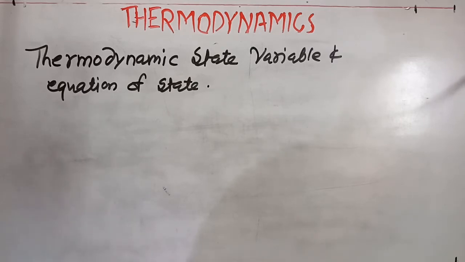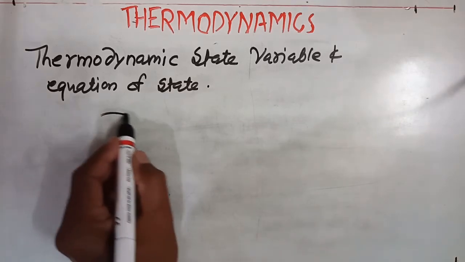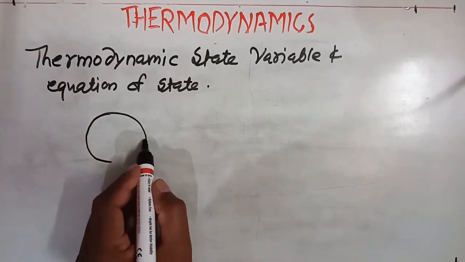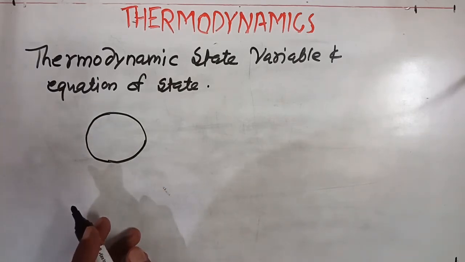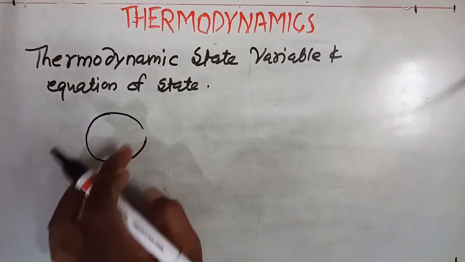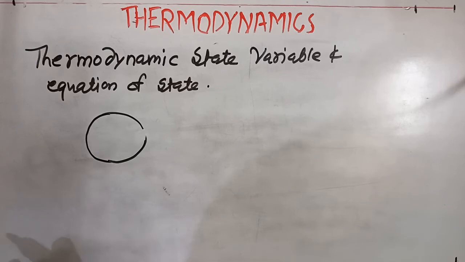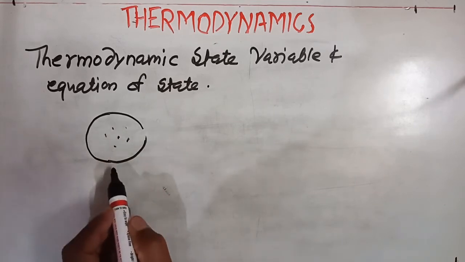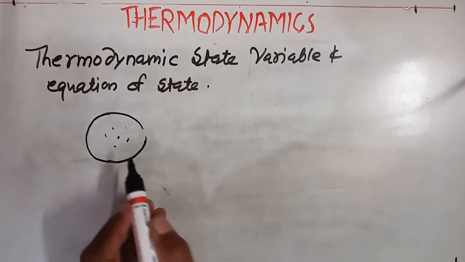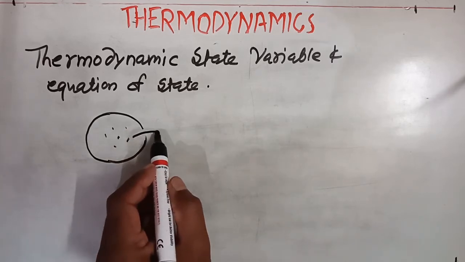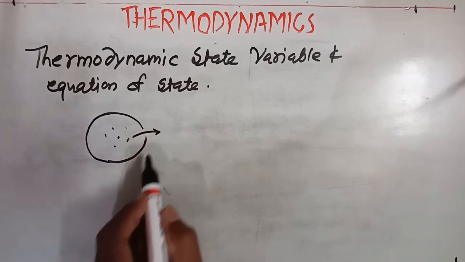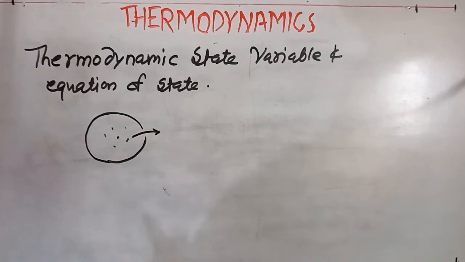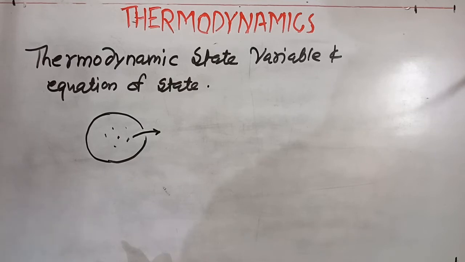Now let us consider a simple example. Suppose we have a ball, and suppose this ball gets punctured. Then what do we observe? We observe that the air inside this ball suddenly expands and is transferred to the atmosphere.